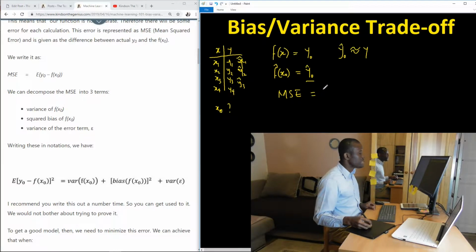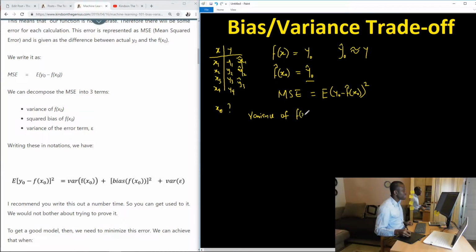So for the formula, I can write the error as y0, the actual value, minus f hat of x0, that is the value you estimated, and this is squared. Now this can be decomposed into three terms.